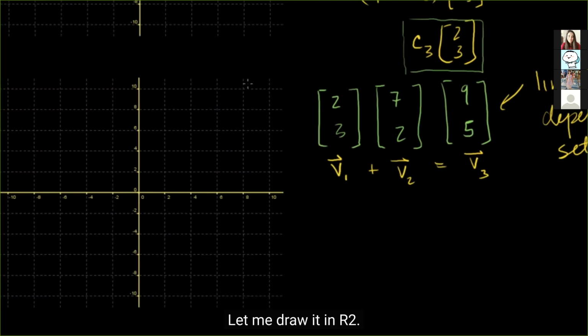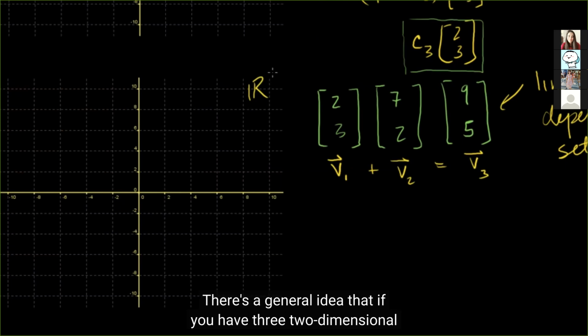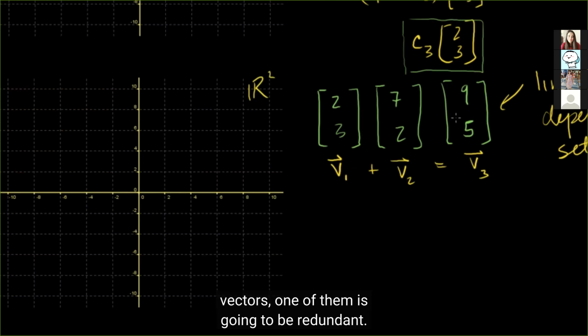And if we were to draw it in 2 space, let me draw it in R2. There's a general idea that if you have 3 two-dimensional vectors, one of them is going to be redundant. One of them definitely will be redundant.